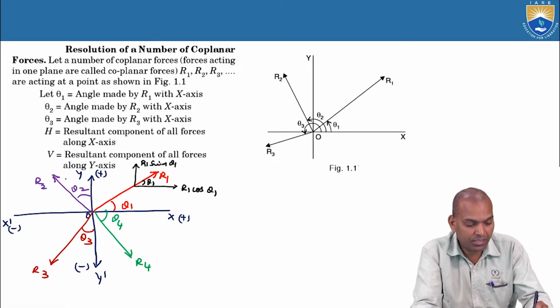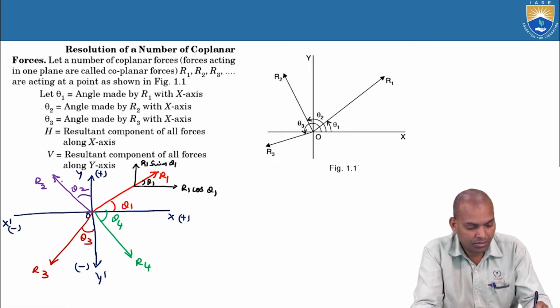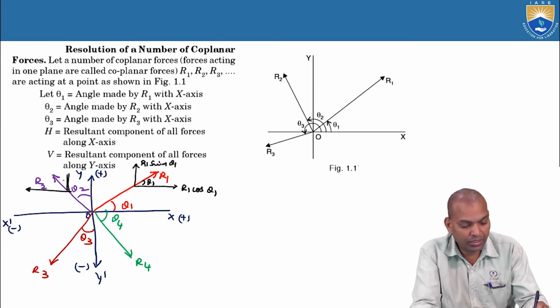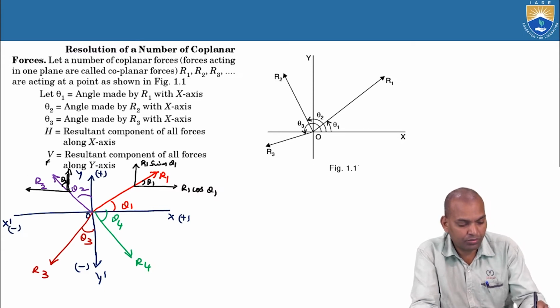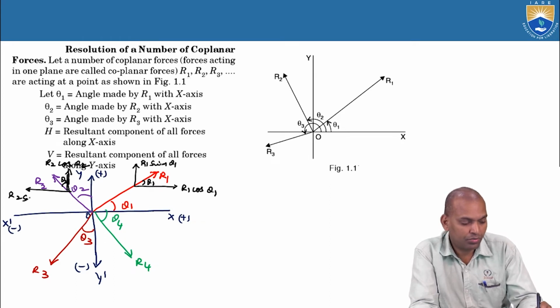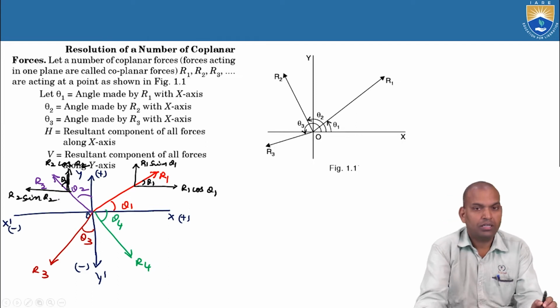Next, for the next force, draw parallel lines, horizontal and vertical. The angle R2 is making here is theta 2. That means this component becomes R2 cos theta 2, and this becomes R2 sin theta 2.